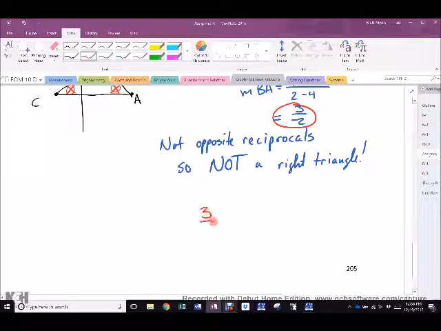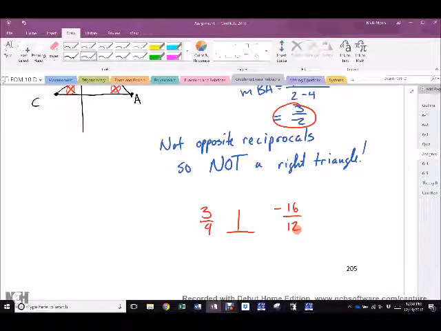Now, let me add this little reminder here. Is 3/4 perpendicular to -16/12? Yes or no? Go for Myers. Of course not. That is a silly question.